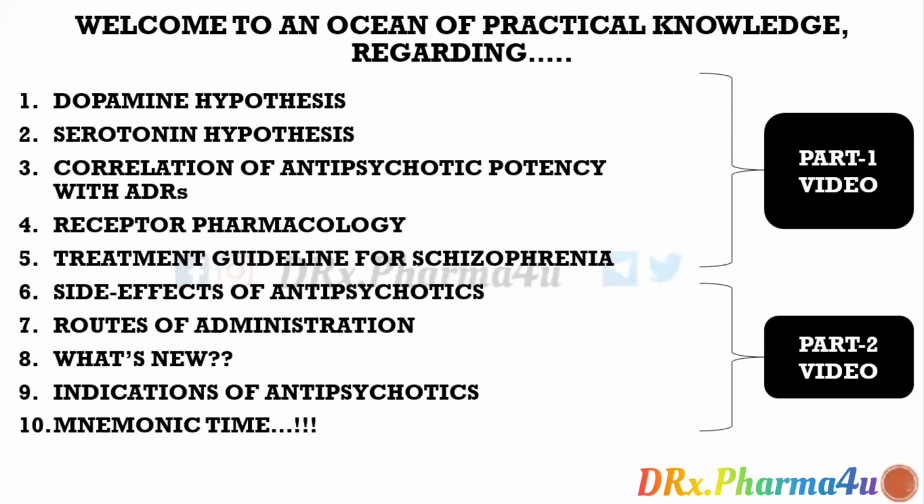Then the remaining 5, that is the side effects of antipsychotics, which is very big, route of administration of antipsychotics, what are the newer molecules or what are the newer advancements that have happened regarding antipsychotics, what are the common uses of antipsychotics, and definitely 1 or 2 mnemonics that can be easy to remember.